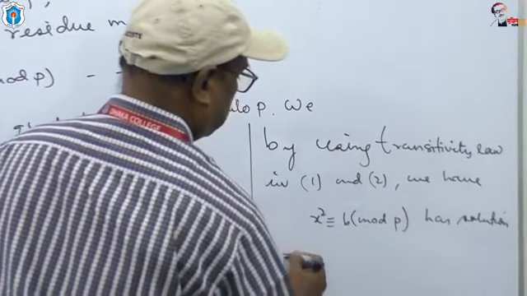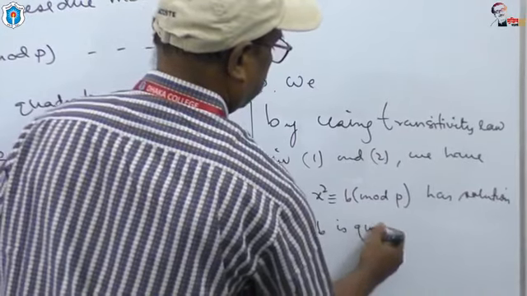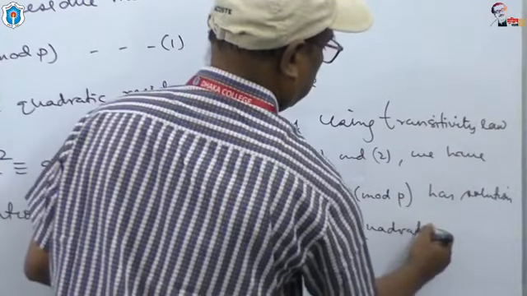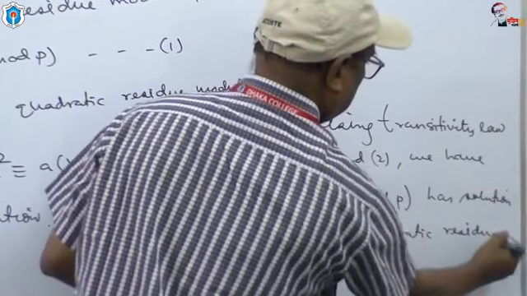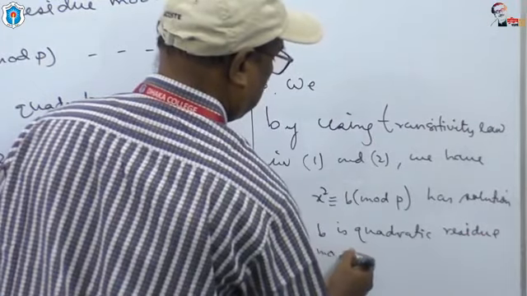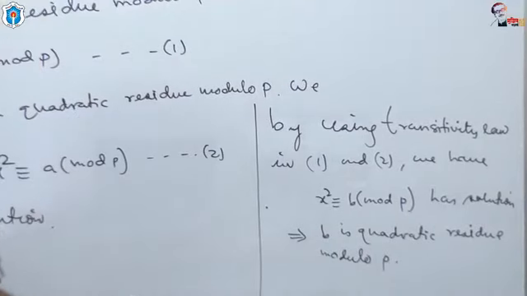This means b is a quadratic residue modulo p, hence proved.